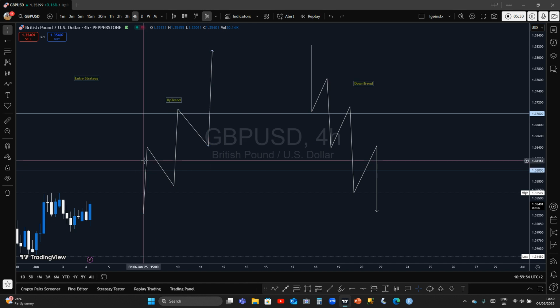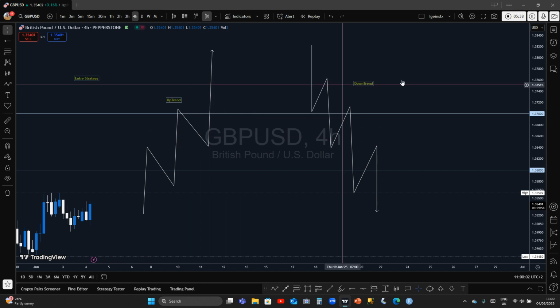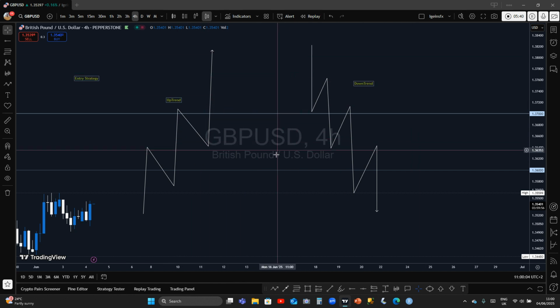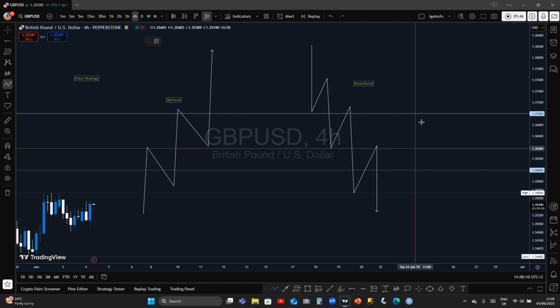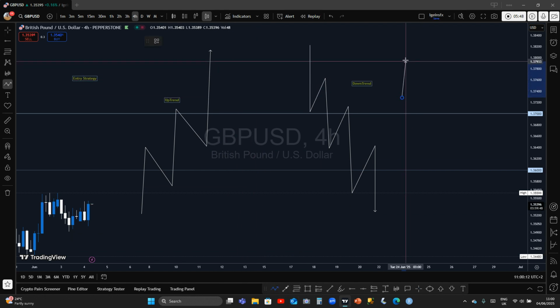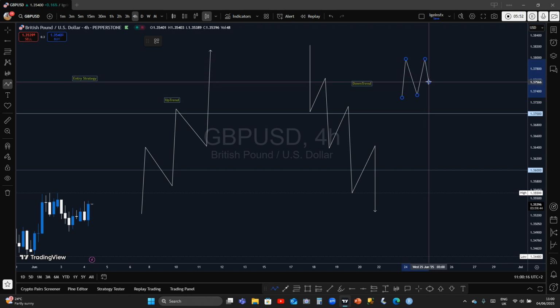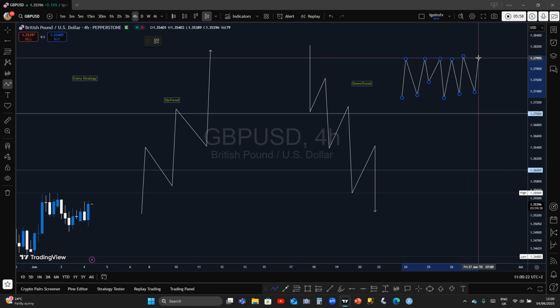Then apart from that, you now see consolidation, a sideways market. That is when the market is just going up and down, creating the same high and the same low. Sometimes it will not get to this level, it will go up, then it will come down. You understand? It's just locked in a channel.